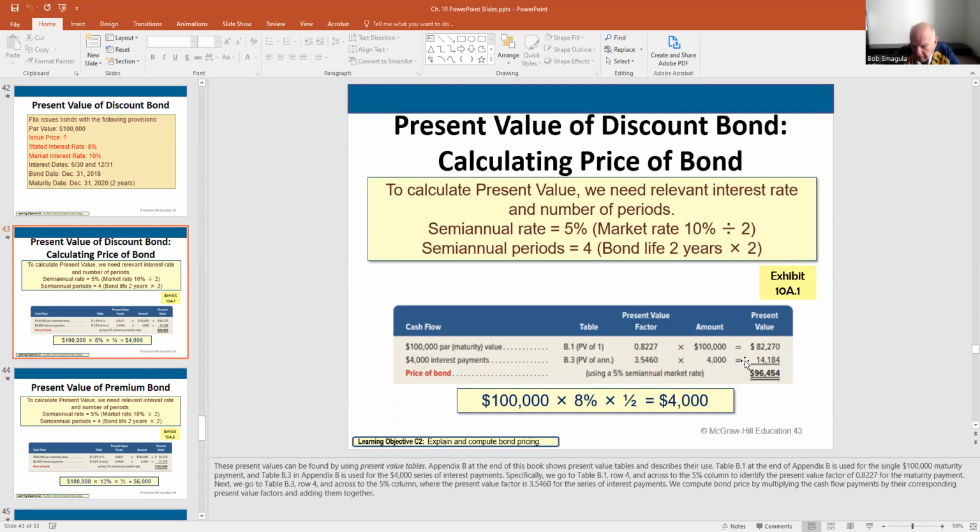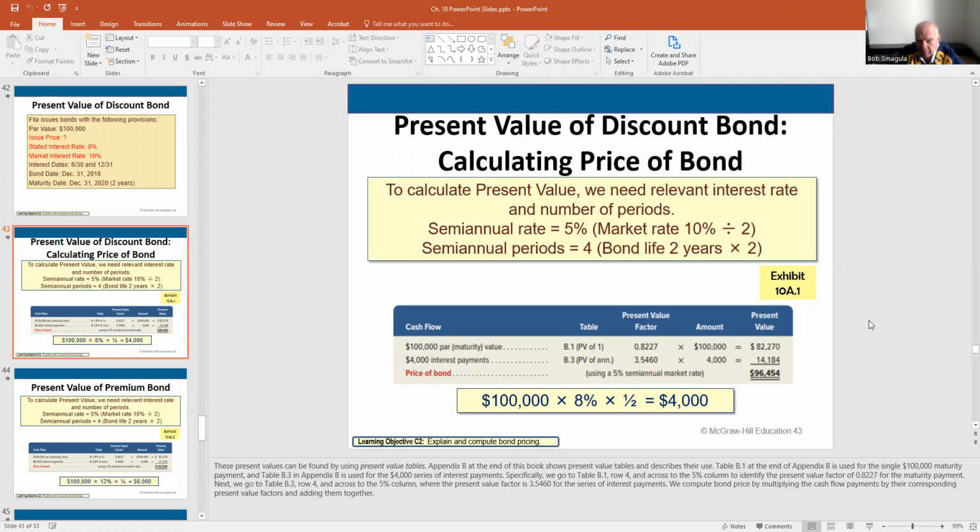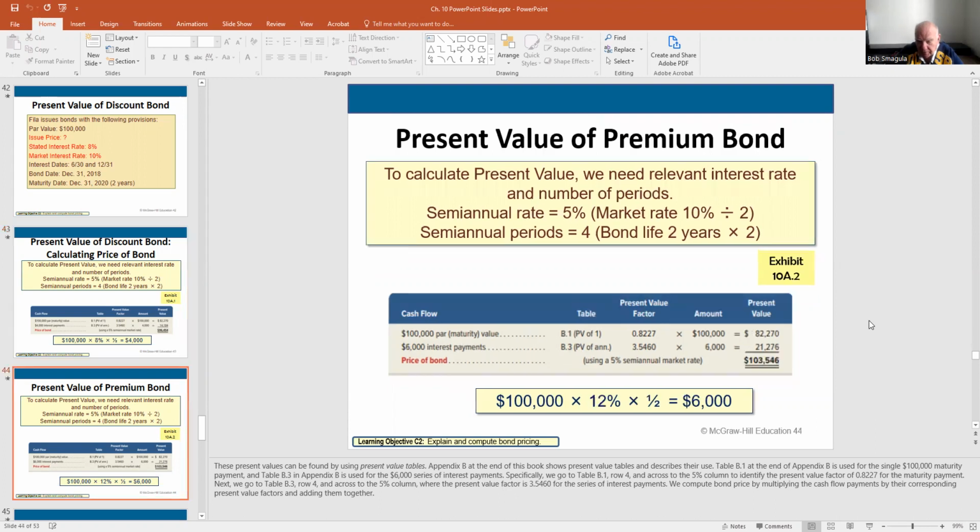We need today $14,184 to come up with what we need to make all the interest payments. Add them together, there is the issue price of this bond, 96,454. That was with a discount.